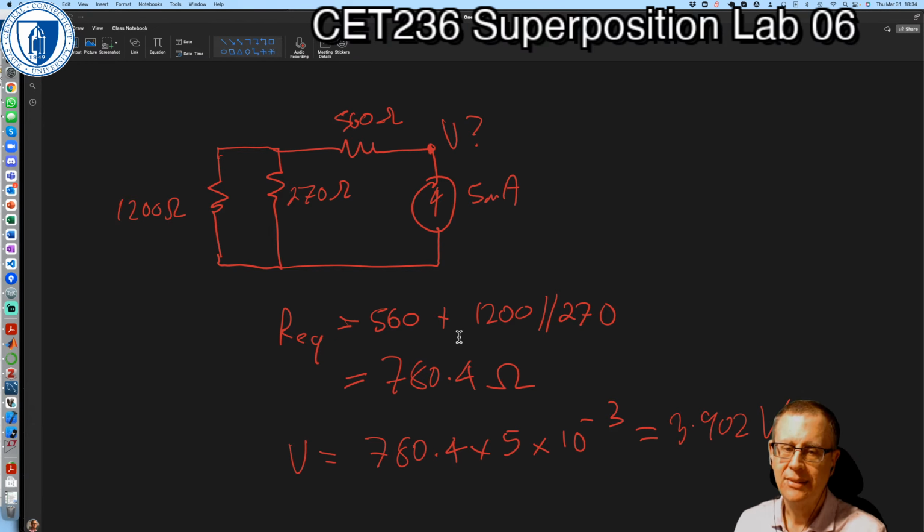And from that 780 ohms, we can just multiply it by 5 milliamps in order to get the appropriate voltage, which is 3.902 volts according to my calculations.